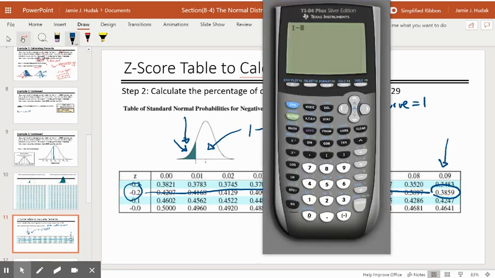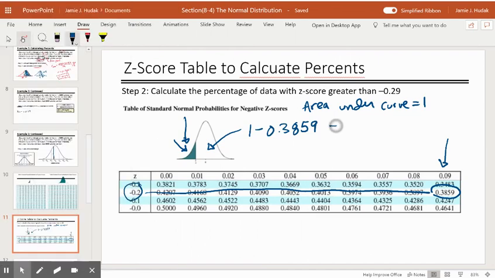1 minus 0.3859 gives us 0.6141. When we multiply that by 100 to convert it to a percent, it's 61.41%.